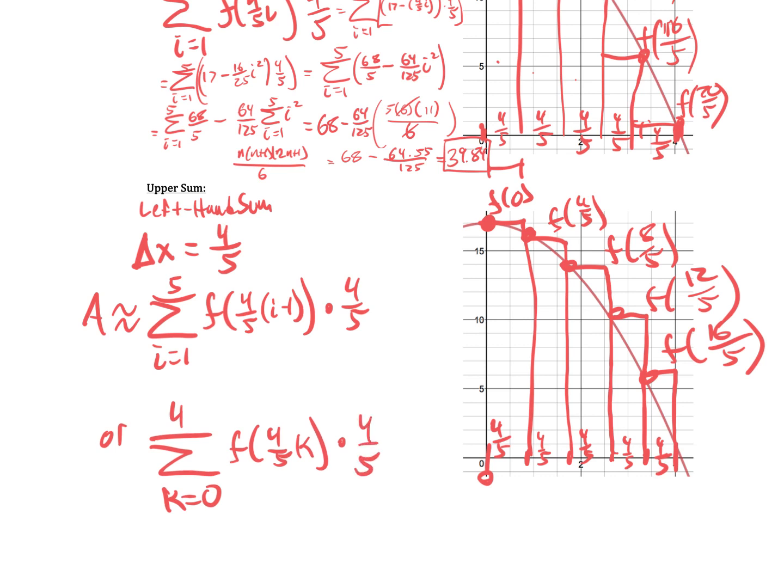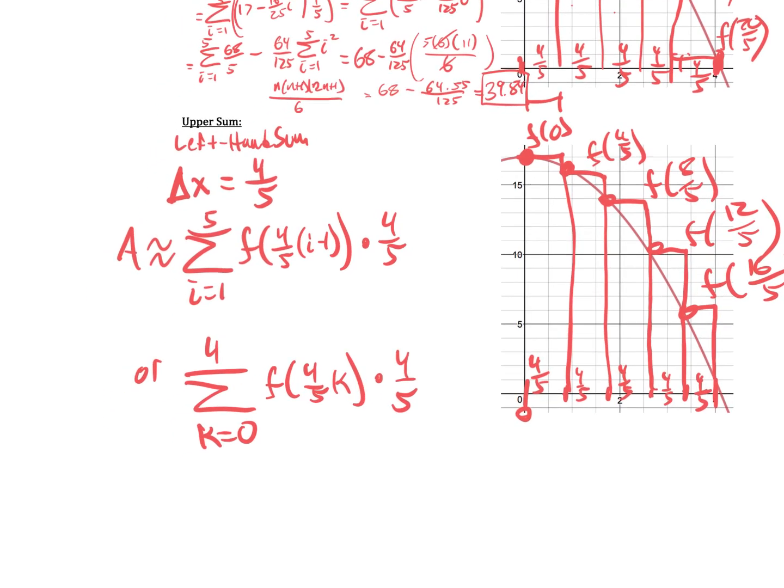Now if you look at this, the first one will be 4/5 times 0. That would be f of 0. That's this one. Then we go up to 1, 4/5 times 1. That would be this rectangle. And 4/5 times 3, all the way up to 4/5 times 4. 4/5 times 4 would give us 16/5. Okay? So either one will give us the same answer.